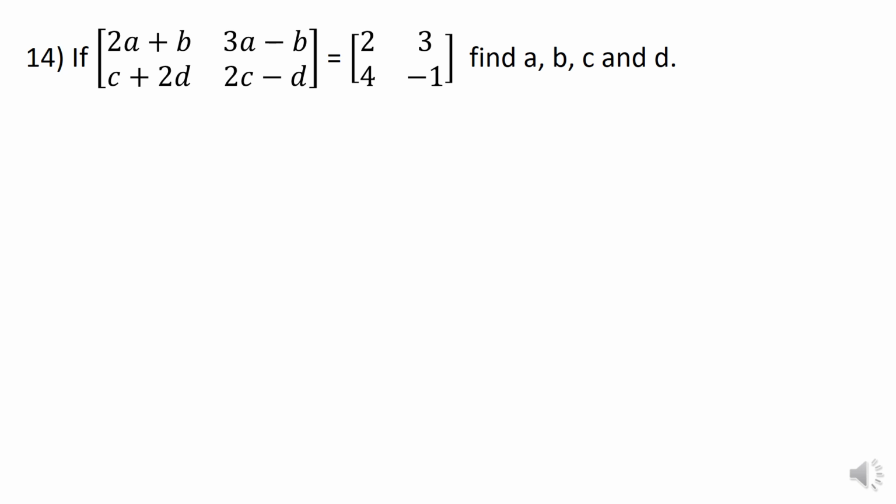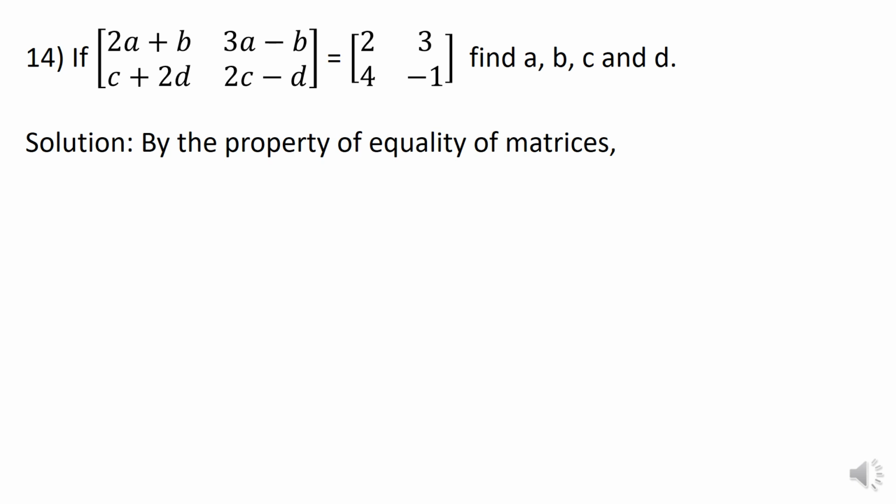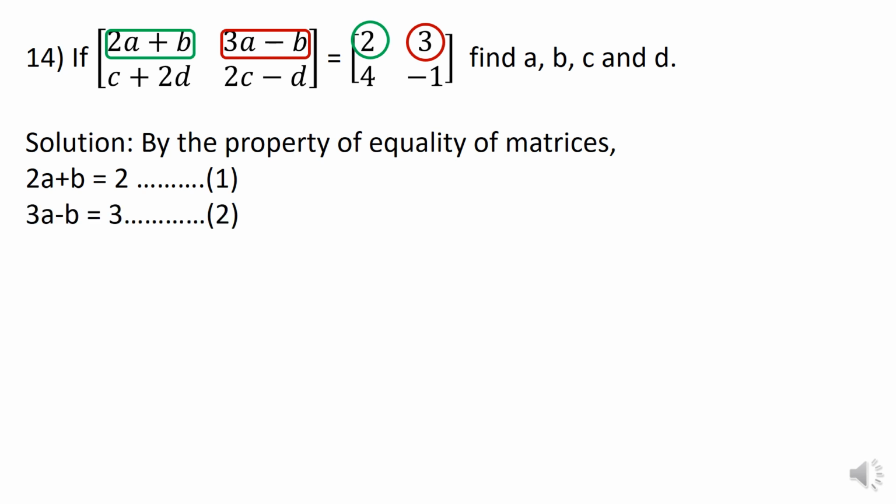Thus, using the property of equality of matrices, we get the corresponding elements as same, that is 2a plus b is equal to 2. Similarly, 3a minus b is equal to 3, c plus 2d is equal to 4 and 2c minus d is equal to minus 1.